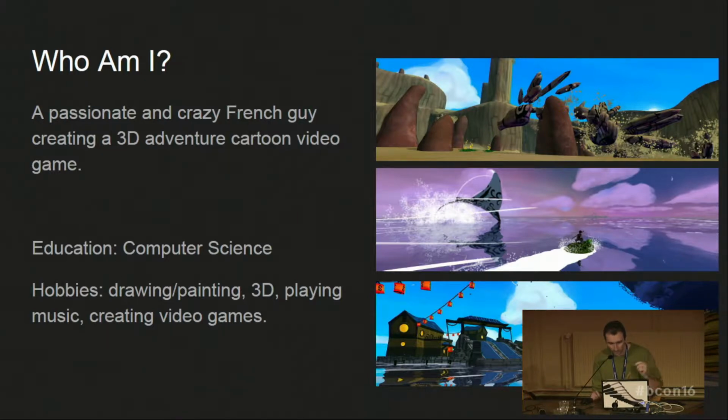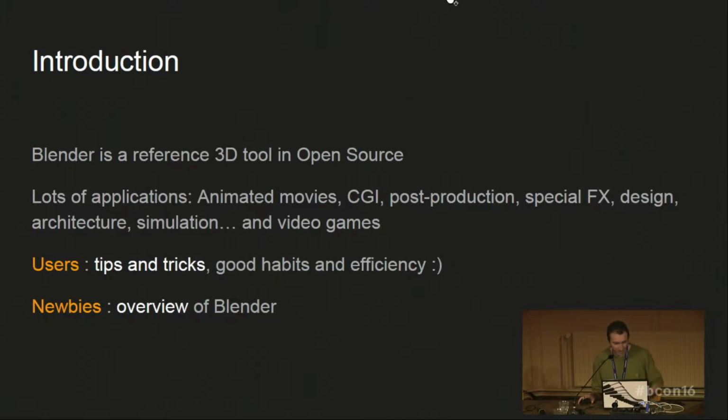Today, I'm going to talk about how I use Blender, the indie game dev style, I would say, if that means something. A lot of people here already know Blender. You know that it's a reference 3D tool in open source. There are plenty of applications: animated movies, CGI, post-production, lots of stuff, and of course, video games too.